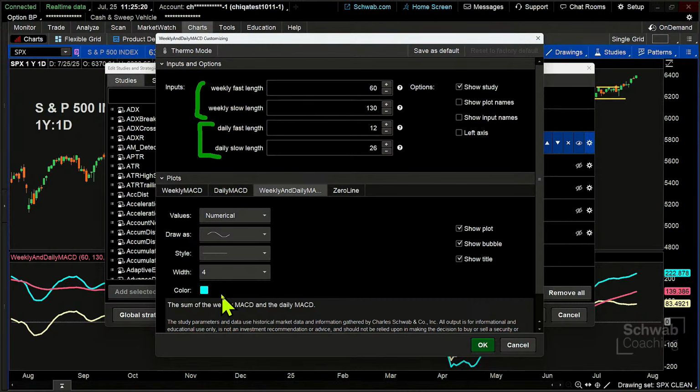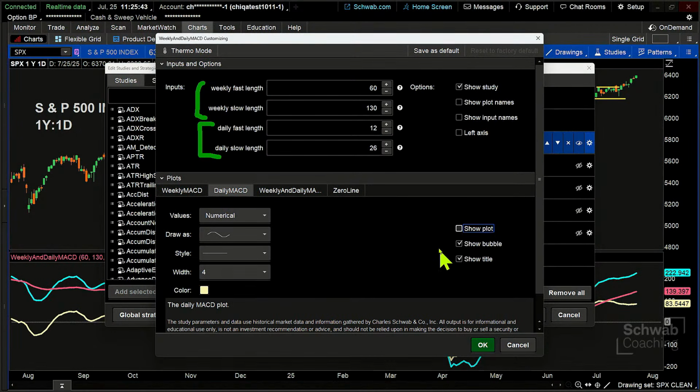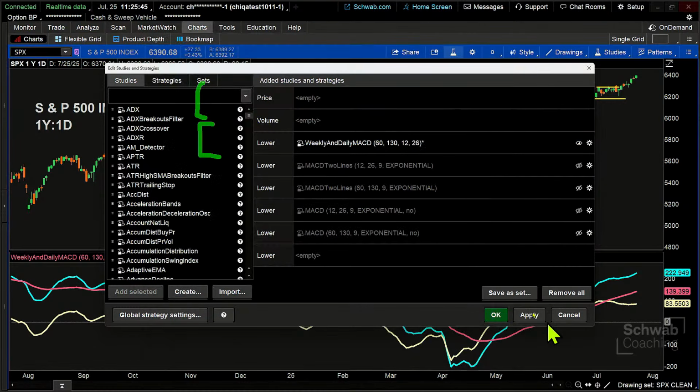So what this is doing is it's essentially creating a MACD using a weekly number and a daily number as the 2 signals, and then it gives us a daily number as a comparison or kind of a confirmation. Now, by default, that daily MACD doesn't show, and all you see is these 2 lines, the blue and the red line.